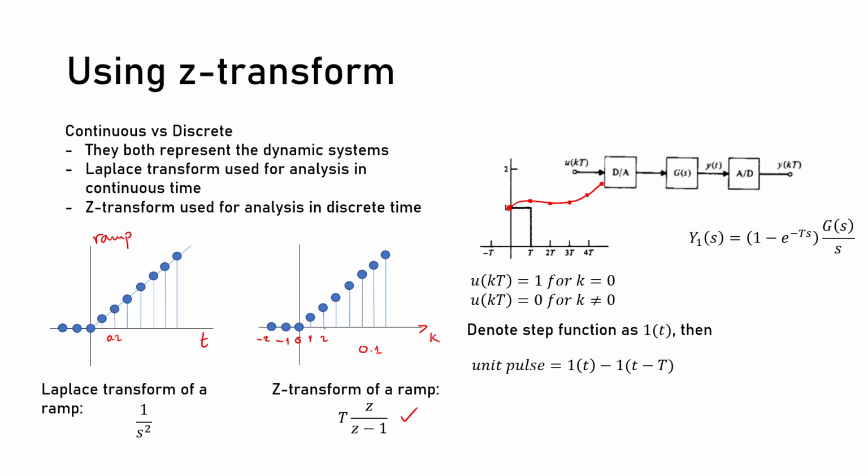Then one method is called zero order hold. Zero order hold means the slope is zero, so it holds like this until it gets the new value, and then it updates to the new value, and holds the value until it gets the next new value, right?